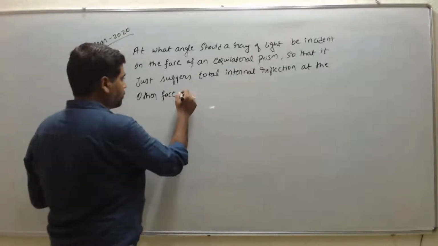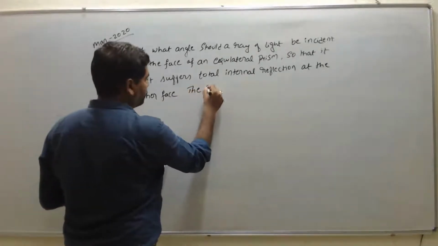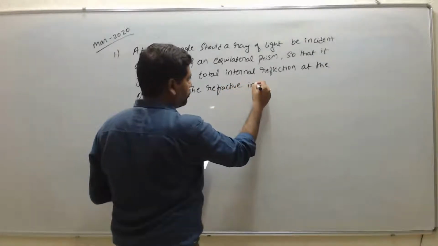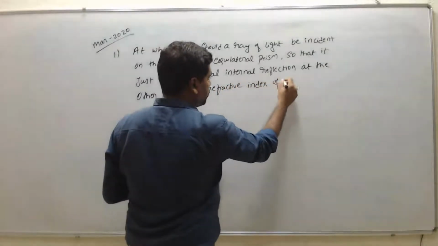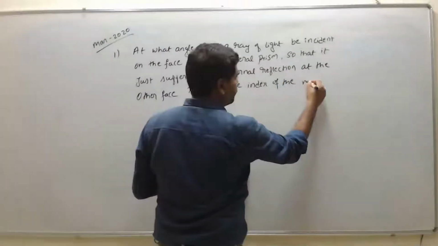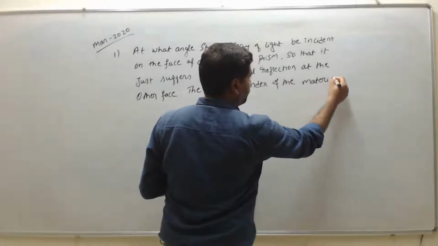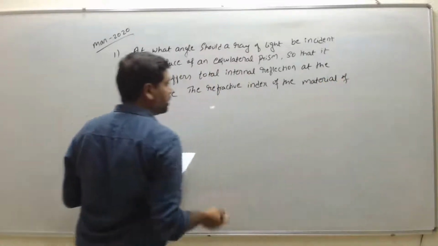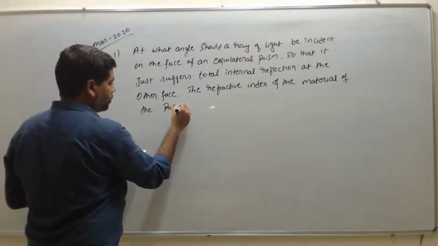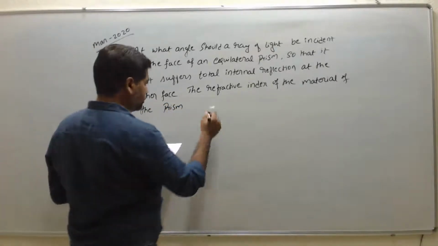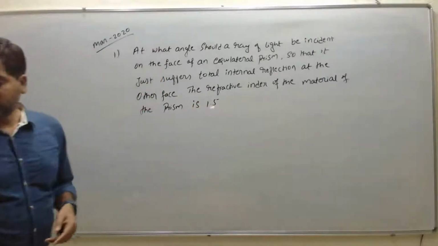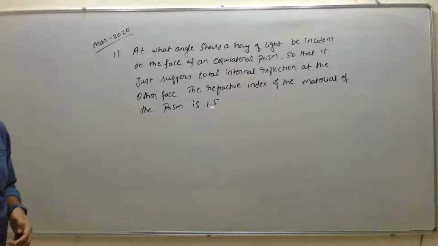The refractive index of the material of the prism is 1.5.